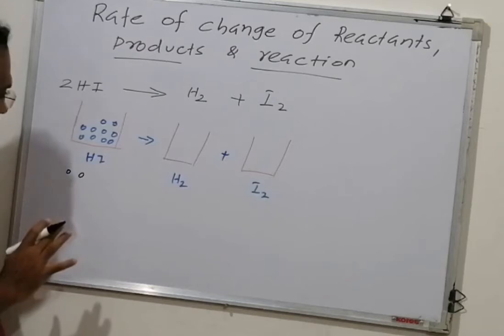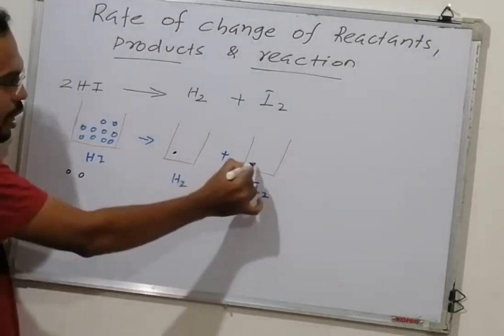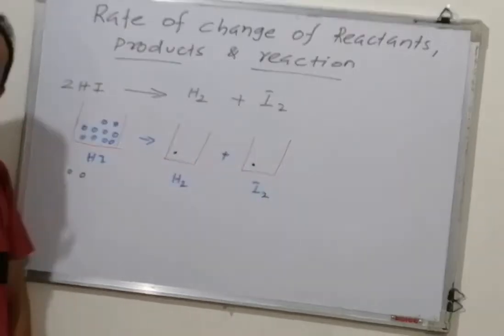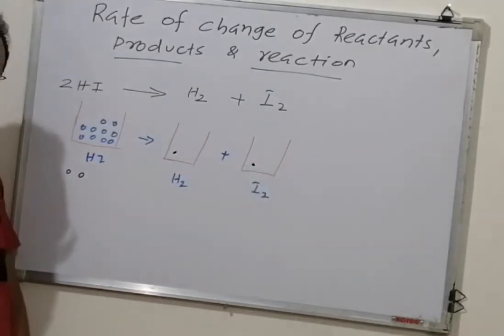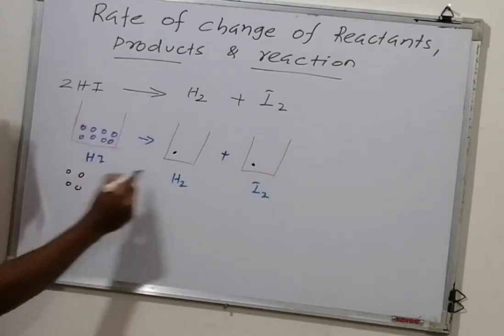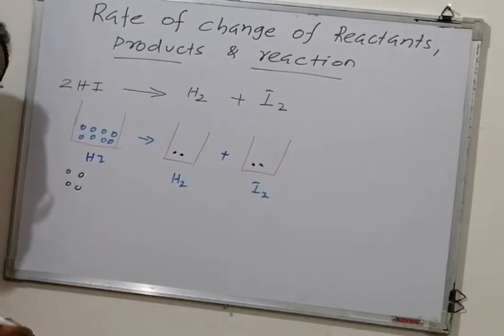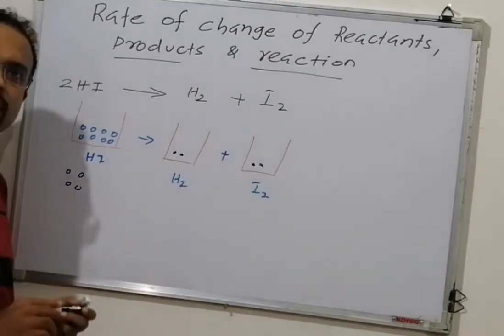When 2 moles of HI react, you will get 1 H2 and 1 I2. Again 2 moles, but you got 1 here, 1 here. What is happening here?